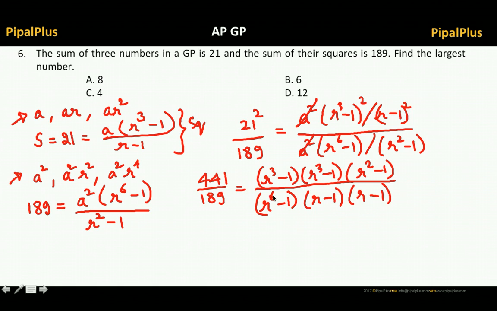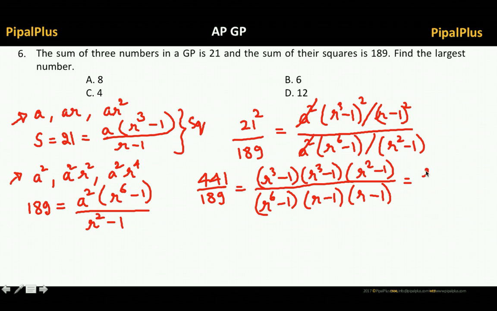Now you'll notice that r to the power 6 minus 1 is equal to (r cubed) whole squared minus 1 squared. So we can simplify this to have (r cubed minus 1) into (r cubed plus 1). Now one (r cubed minus 1) is going to cancel with this one in the numerator.